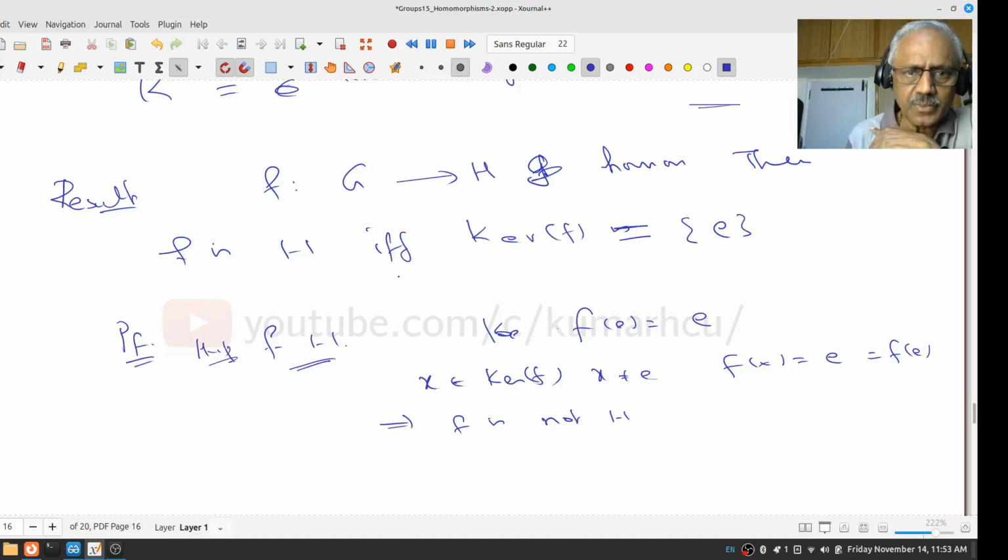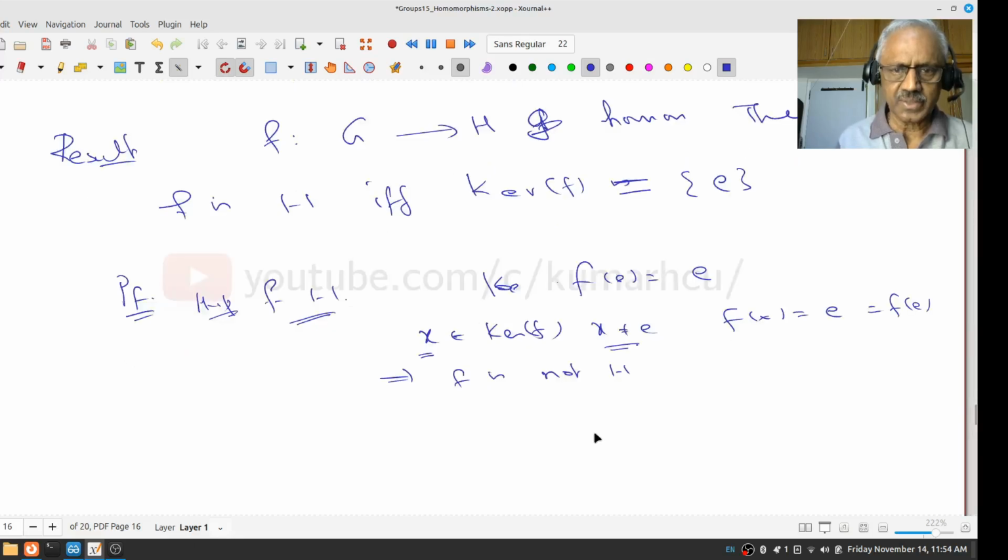I have to prove the kernel of f is trivial. Suppose not, there is an X in the kernel of f so that X is not equal to identity, but f of X is identity. But then f of X equals f of e and X is not equal to e, that means f is not 1-1. So this contradiction shows kernel of f must be singleton e. Is that clear?